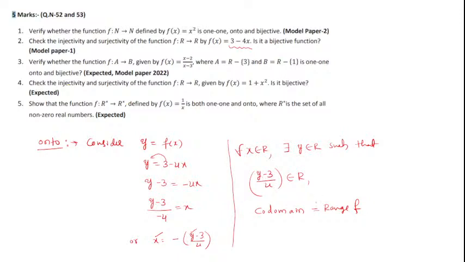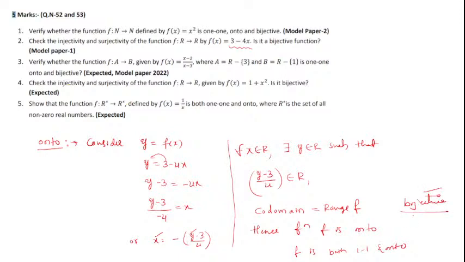For every y you will get this condition, codomain is equal to range of f. Hence my function f is onto. Hence f is both 1 1 and onto. Hence it is a bijective function.